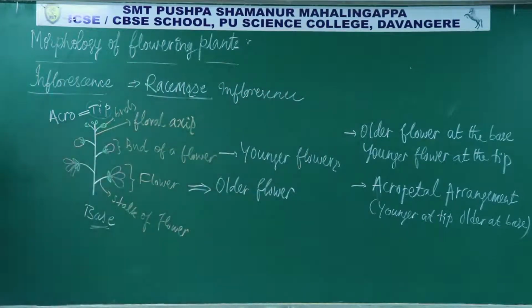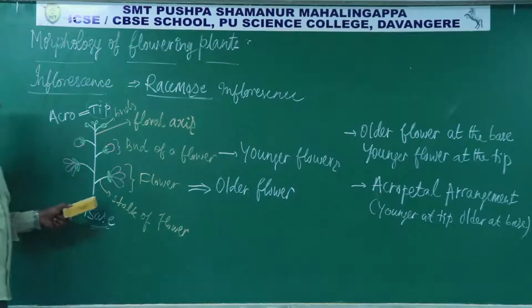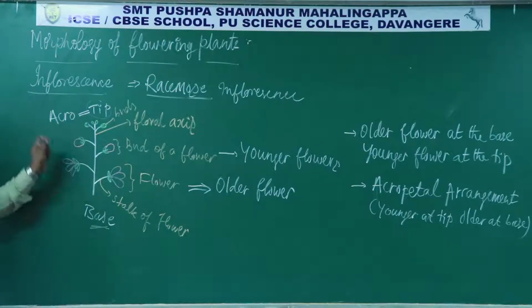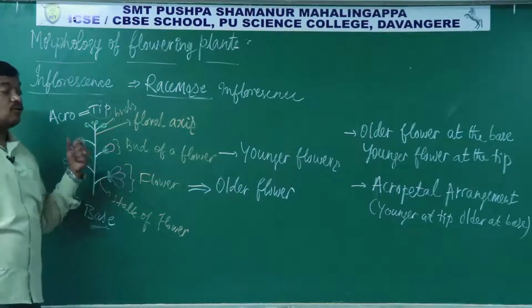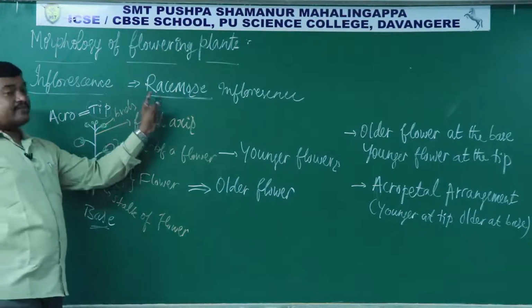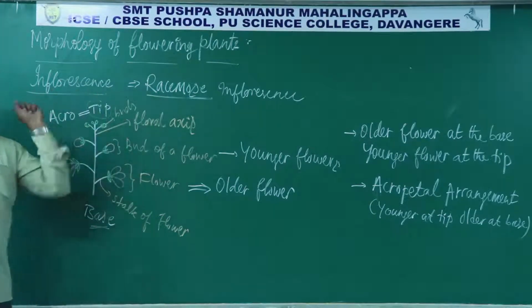So in racemose inflorescence, older flowers are present at the base and younger flowers at the tip in an acropetal arrangement, or it is also called acropetal succession. So if flowers are arranged in acropetal succession or acropetal arrangement, such a type of inflorescence is called racemose inflorescence.